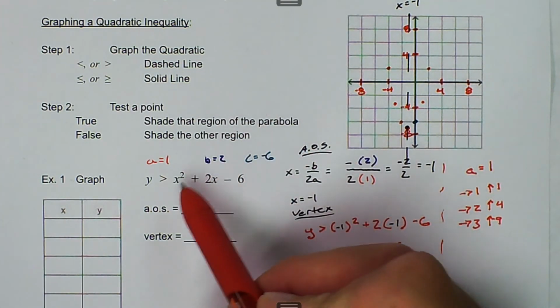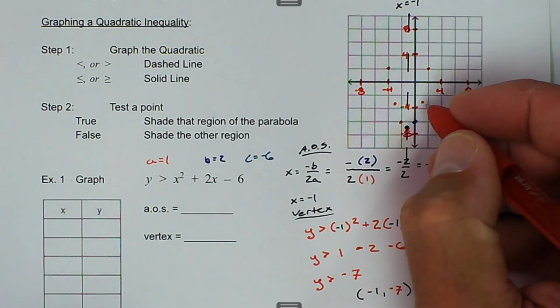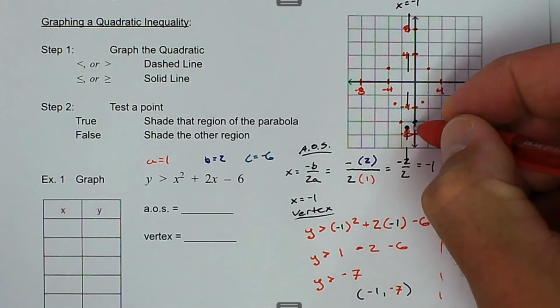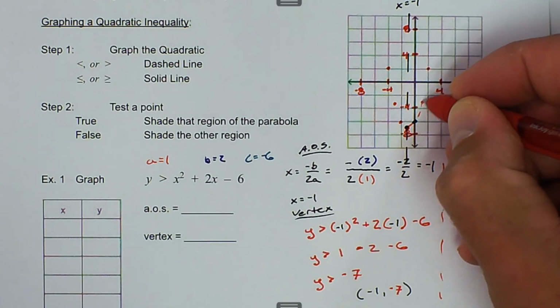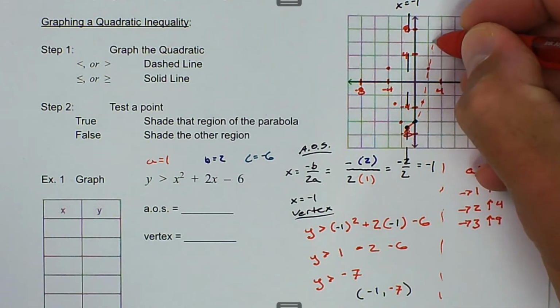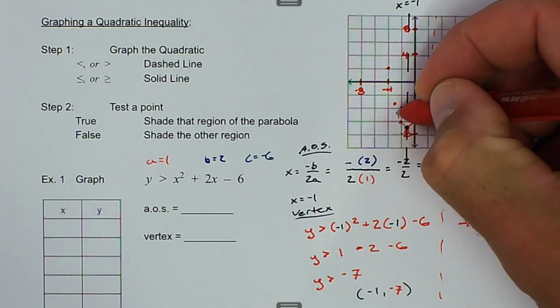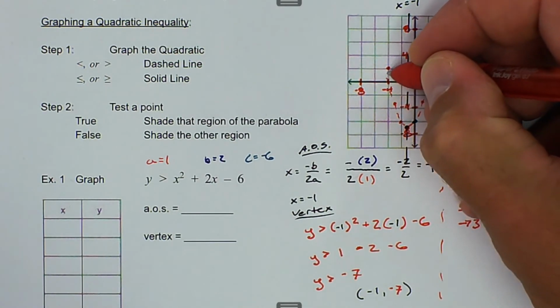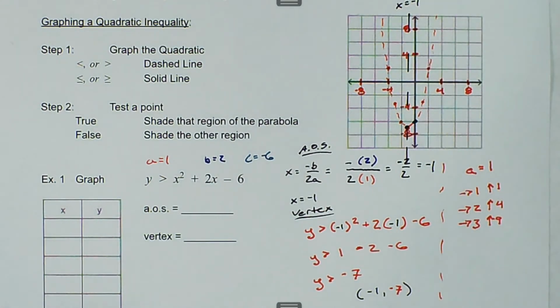And then we know that we're using a greater than sign, so we're going to use dashed lines to represent our parabola. So we have a rough sketch of what our parabola looks like.